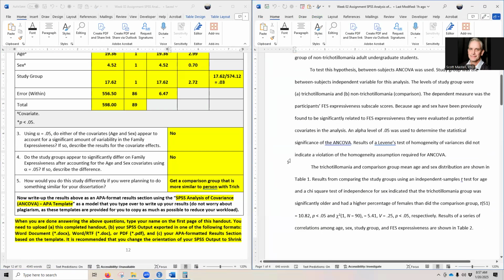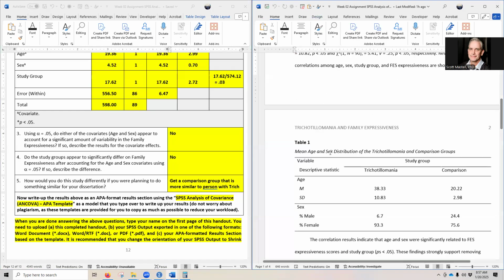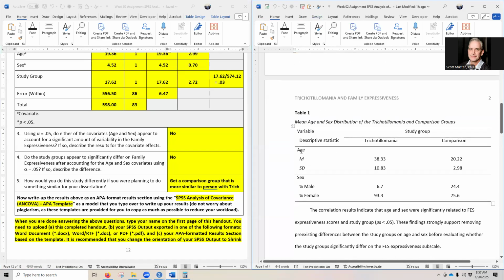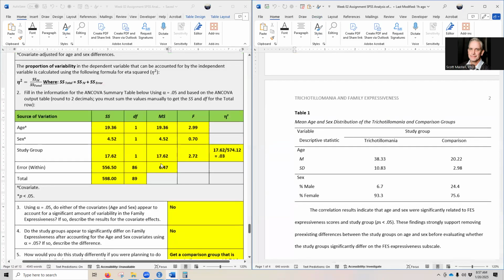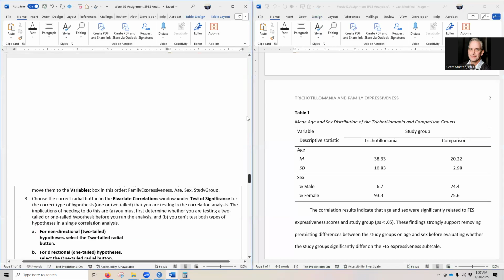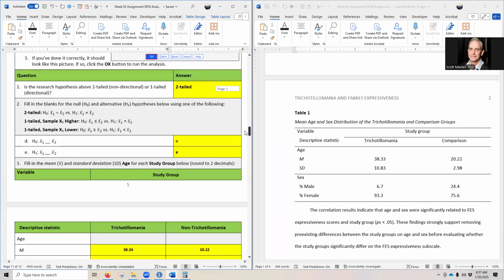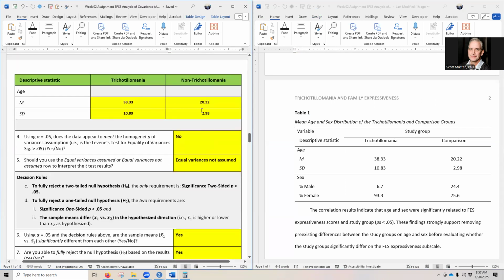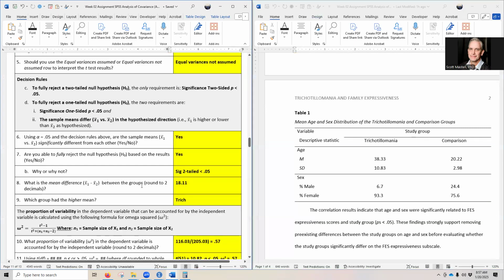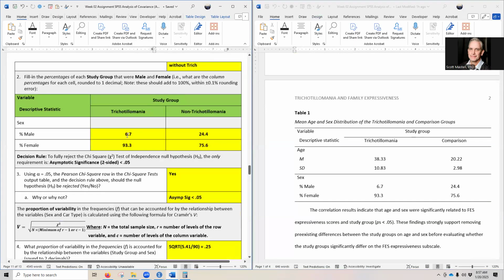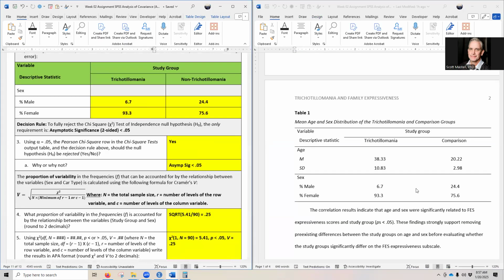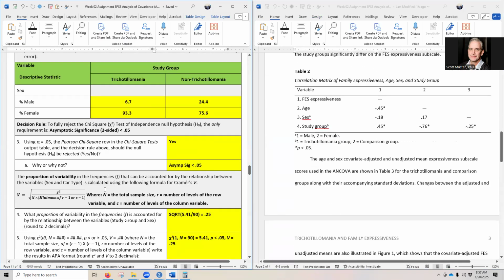So do note that you filled in a lot of this stuff. Table one, the means and standard deviations for age and sex, you actually did fill in way up here when you were doing your covariate analyses. You got your means and standard deviations for age. Those would go here. Same thing for sex. You filled in those percentages here. Those would go there. Table two is the correlations.